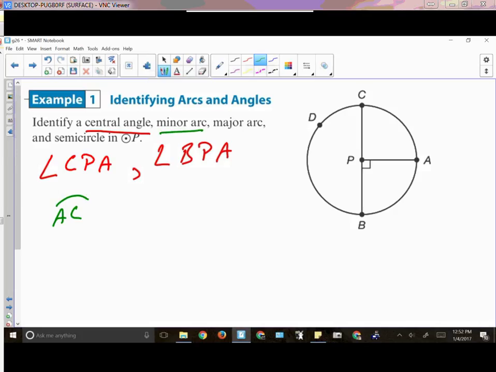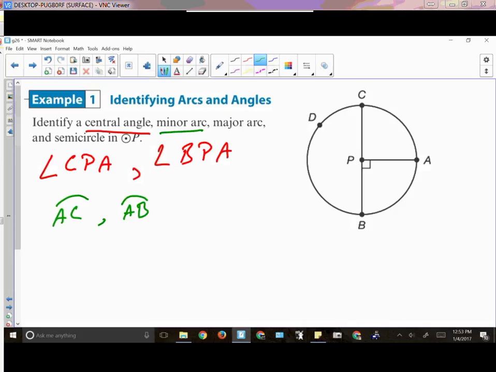Now, mind you, it's going to have that written over the top. Arc what? EC? No. There's no line. D just happens to be a pointer. Okay. And another one, well, if AC is one, what would be another one? AB. And again, it's got to have that one.